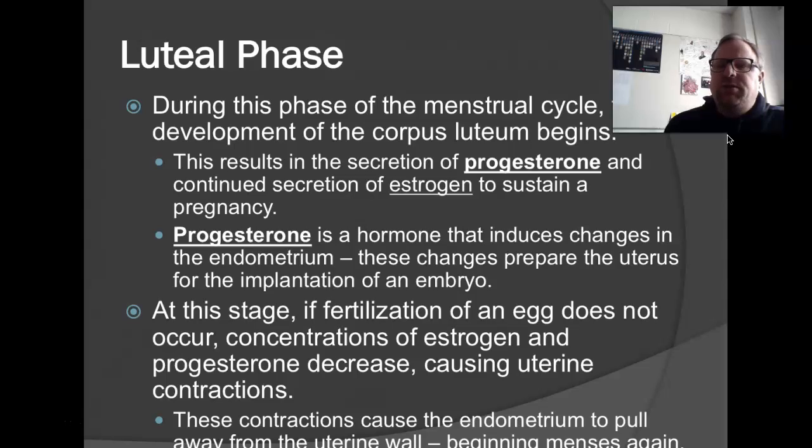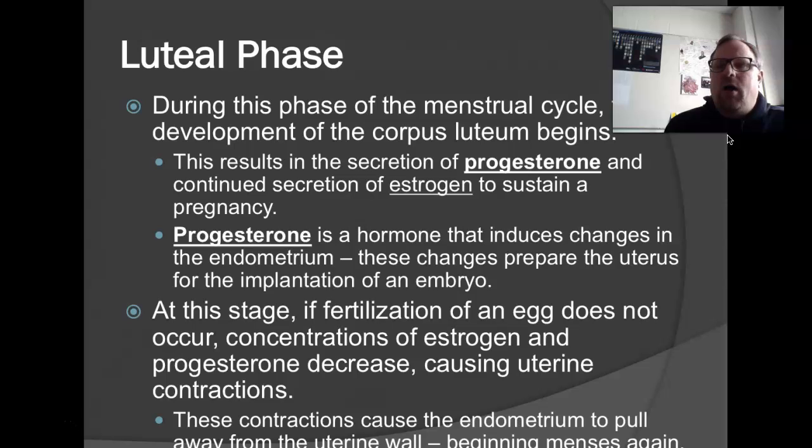At this stage, if fertilization of an egg does not occur, and implantation is when that fertilized egg implants into the endometrium, if that doesn't occur, then the corpus luteum begins to break down, and levels of estrogen and progesterone start to drop off.